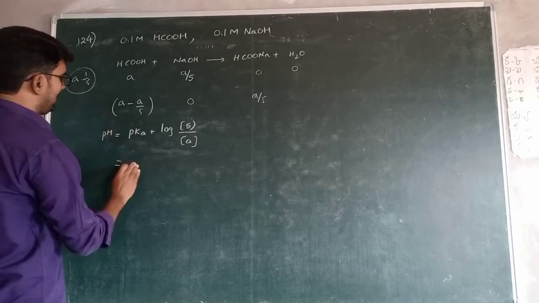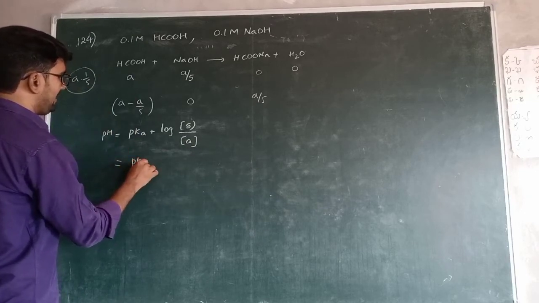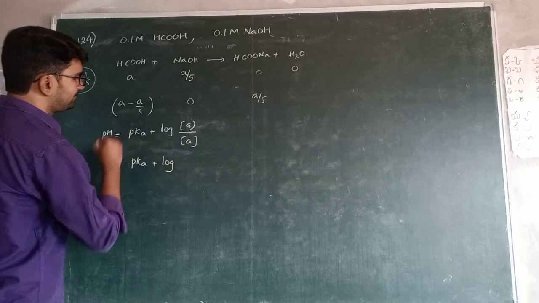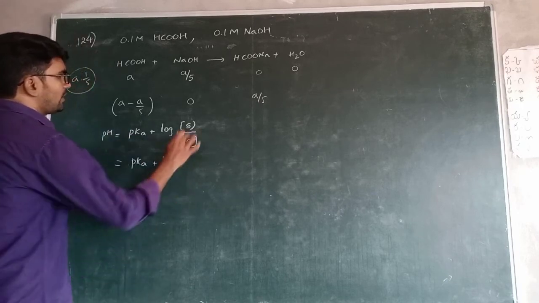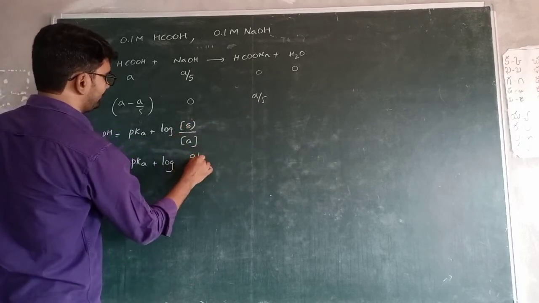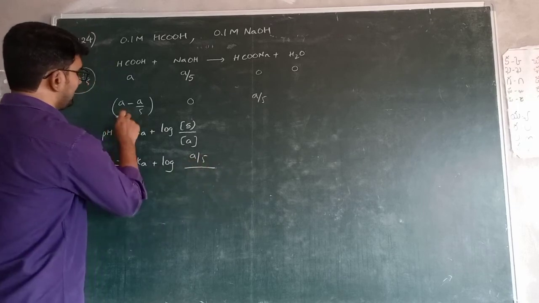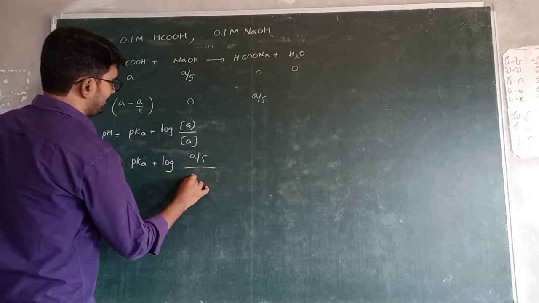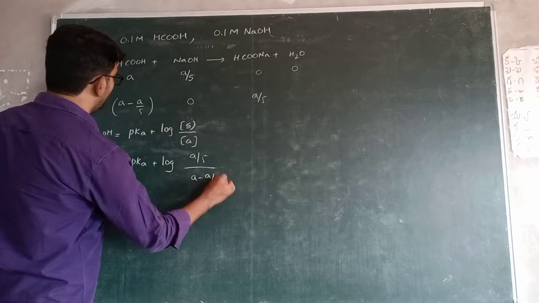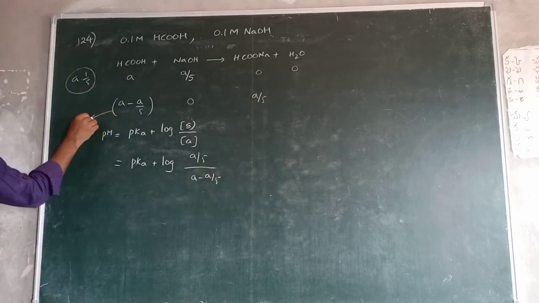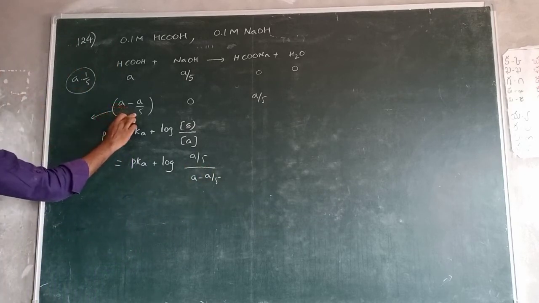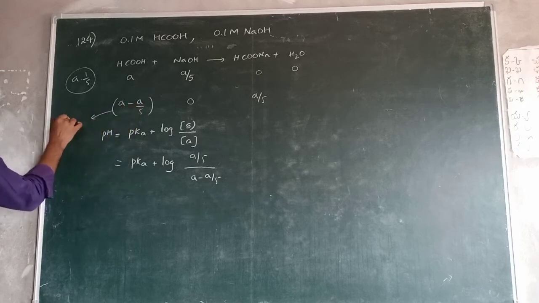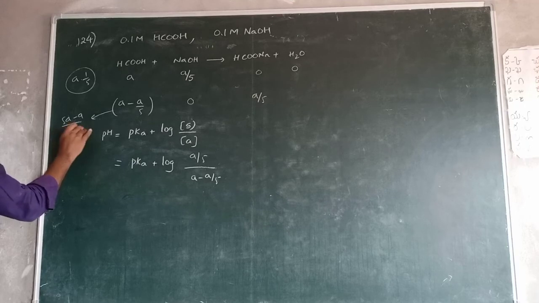We don't know pKa, so write it as it is: pKa plus log, salt A by 5, by acid left, A minus A by 5. How much is A minus A by 5? LCM is 5, so 5A minus A by 5, that is 4A by 5.